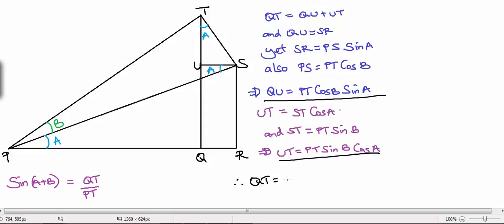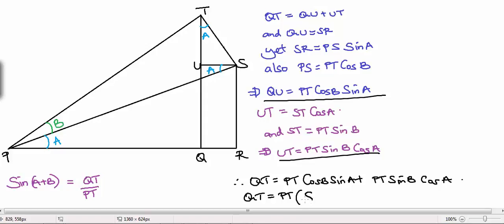So we can now obtain QT, which is QU plus UT. However, QU is PT cos B sin A, and UT is PT sin B cos A. You'll observe that PT is a common factor, so we pull it out and we shall remain with cos B sin A and sin B cos A. So it's just a matter of rearranging them.